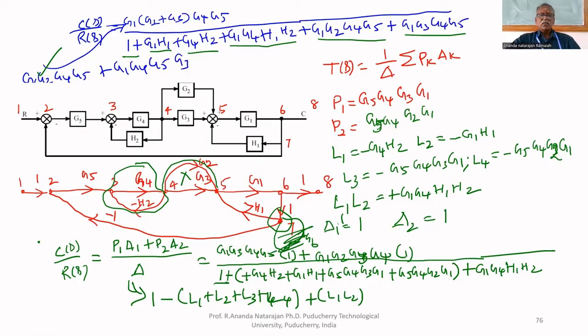P2 is G5, G4, G2, G1. Okay, now check. G1, G4, G5, G3, yes, this is coming. G1, G2, G4, G5, yes, now it's correct. In both methods, we got the same transfer function.